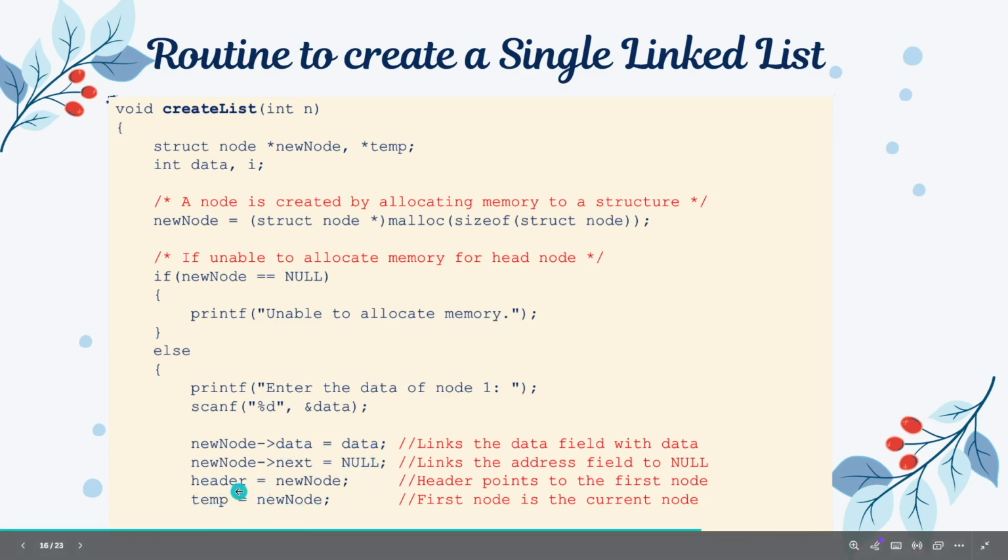First we create a one node list. At that time header would be pointing to this new node, and then we make temp point to this new node again. The rest of the things, whatever we saw before to create a chain of nodes, is put up in a loop.